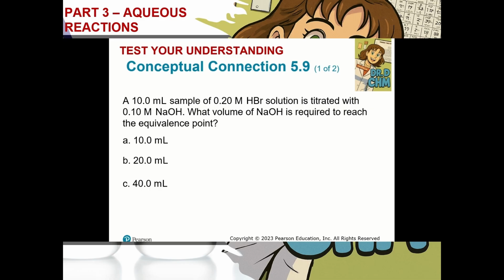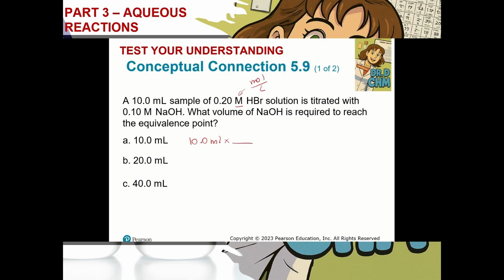So how are we going to do this? The first thing that you need to do is look at the data that you have, right? So first, I have 10 milliliters, right? But I know that molarity is moles per liter. So the first thing that I need to do is convert my volume to liters, so I can get moles.